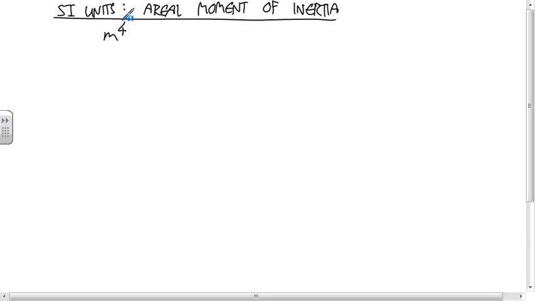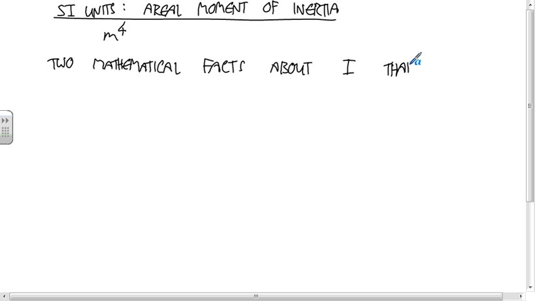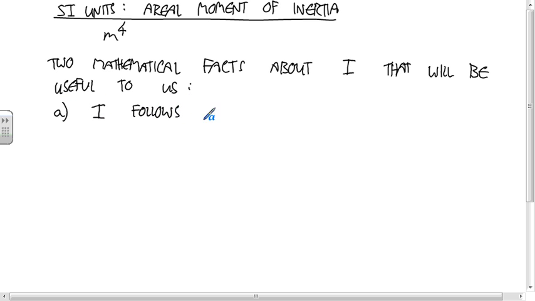Okay, two useful things about moment of inertia. So two mathematical facts about I that will be useful to us. The first one is that I follows the parallel axis theorem.